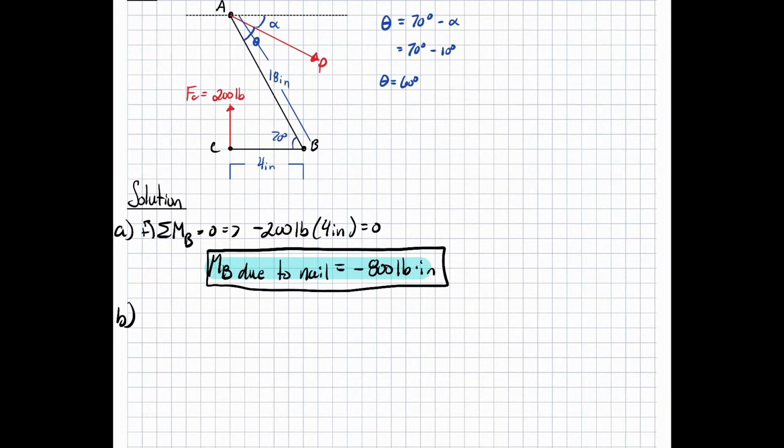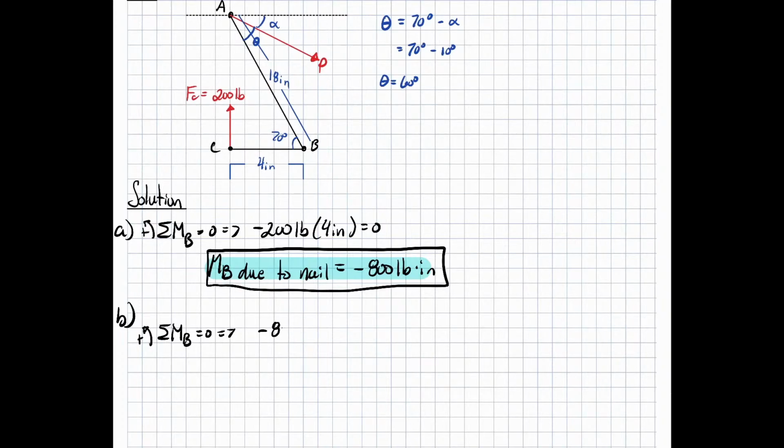So now that I know that angle, do the sum of the moments about B again, equal to 0. Again, I'm staying consistent. I'm saying that counterclockwise is positive. So I'm going to have the moment itself, because now I know the moment, right? I just found the moment of negative 800 pound-inches.